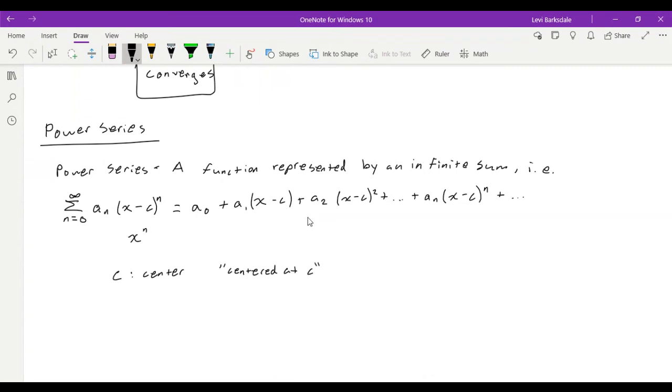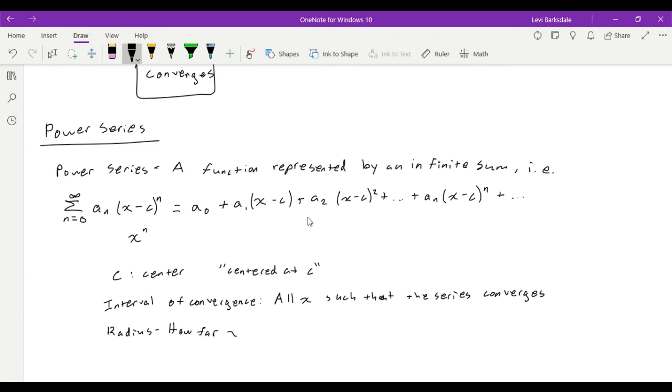Now then, the interval of convergence would be all the x values such that the series converges. And the radius of convergence is how far x can be from the center and still converge.